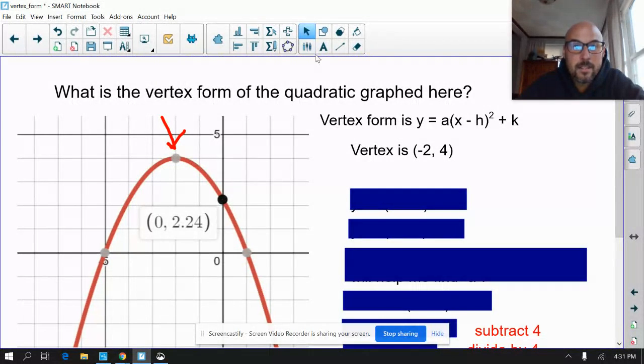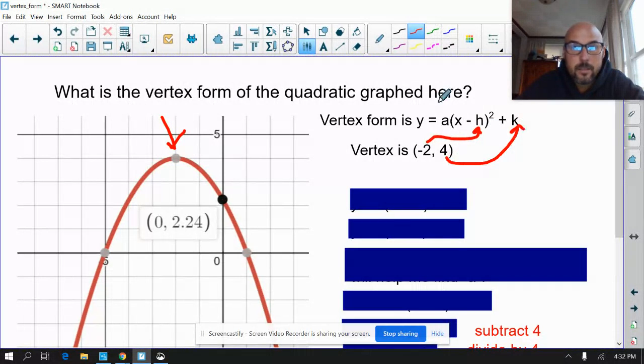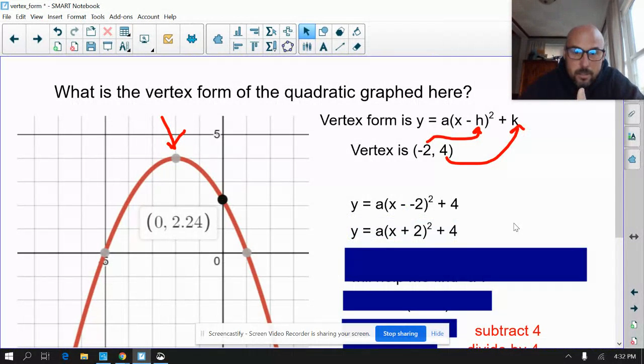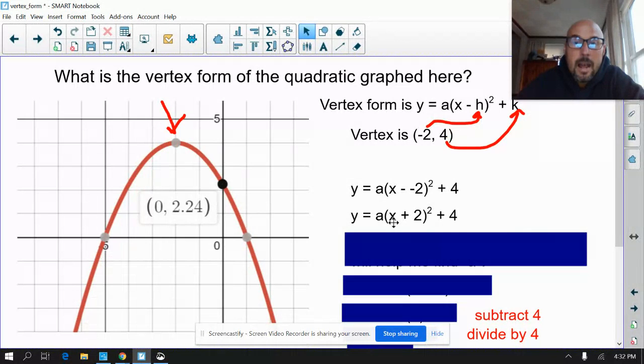Well, remember from our last example, that's the h and the k. So I am going to replace h and k with negative 2 and 4. I get x minus negative 2 squared, which is x plus 2 squared. And now you are not done.